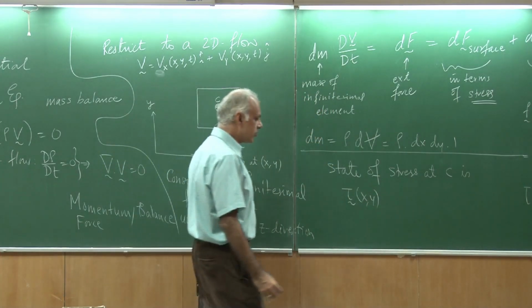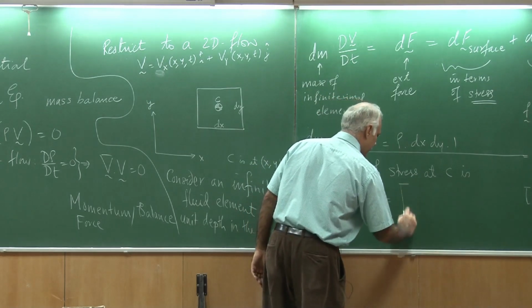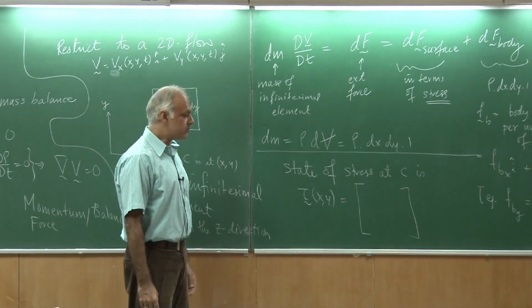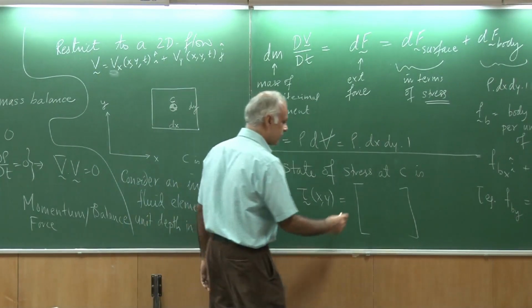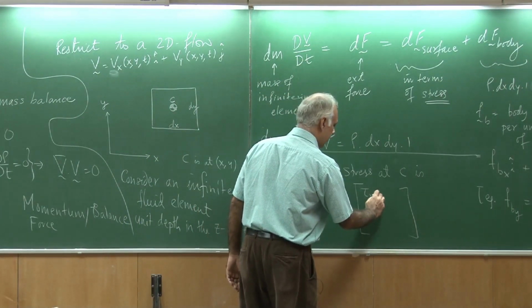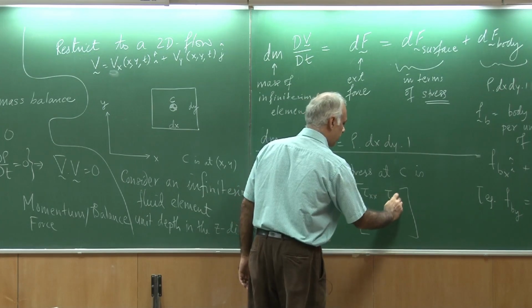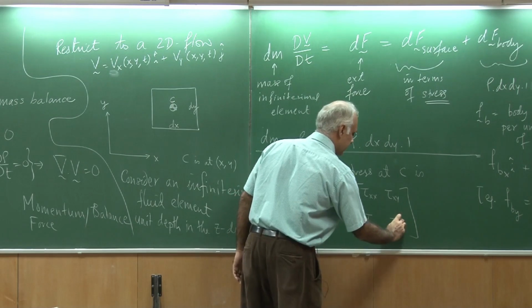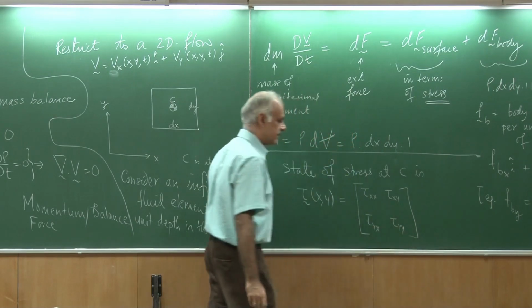I have already shown you what this looks like. If I had to do this in 2 dimensions, it would be a 2 by 2 matrix. So, there would be terms like tau xx, tau xy, tau yx, and tau yy.